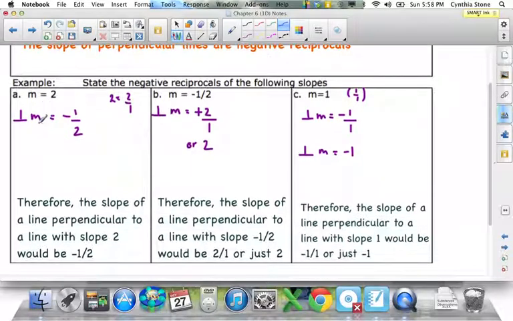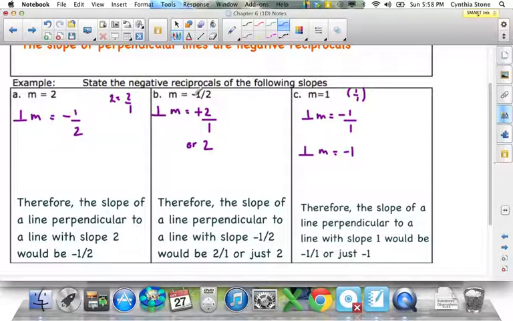So in this case, state the negative reciprocal of the following slope. So if my slope was 2, 2, remember, is 2 over 1. Same thing. So my perpendicular slope, or my negative reciprocal slope, would be turn it upside down and give it a negative sign. Okay?